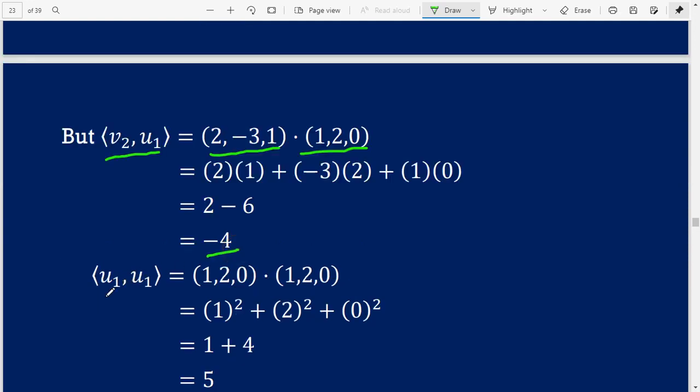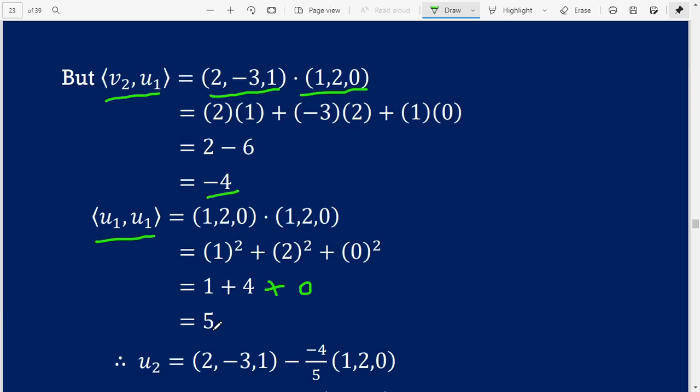Now inner product U1 with U1 is (1, 2, 0) dot (1, 2, 0), so 1 square plus 2 square plus 0 square, so 1 plus 4 plus 0 is equal to 5.